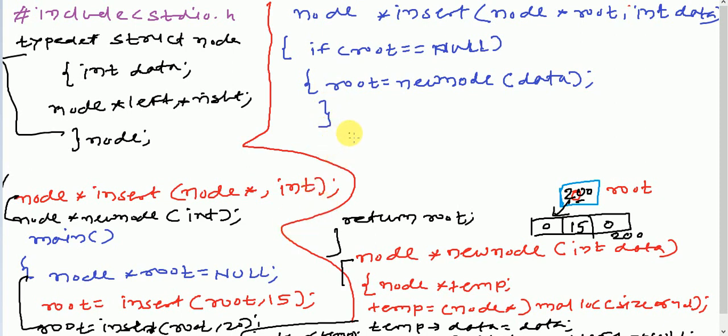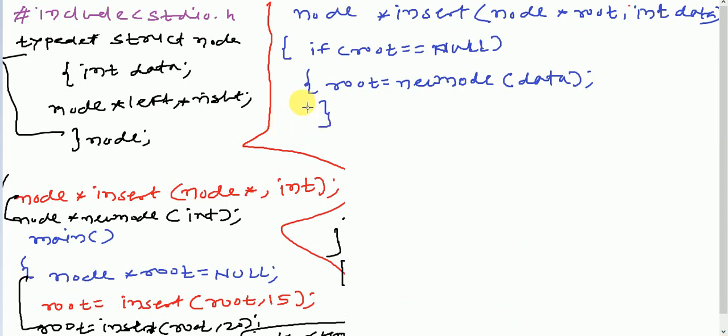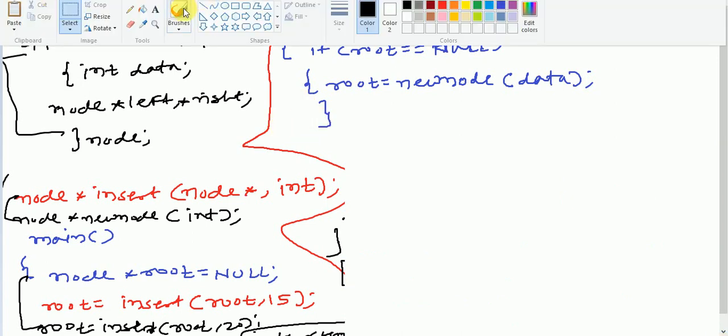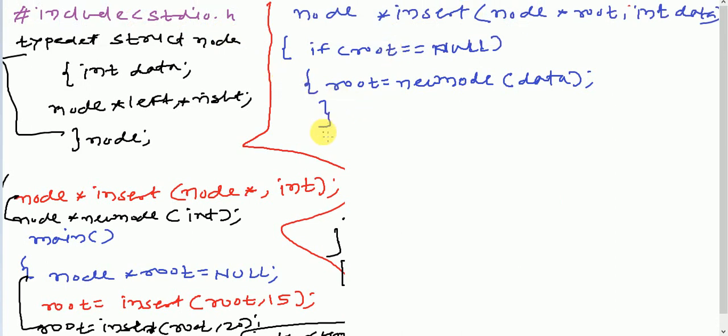Now if root is not null, so what things will happen here? I'll just remove this part. It's just about creation of a new node. So else if, that means if root is not null, there is some data in the root, then we will compare.